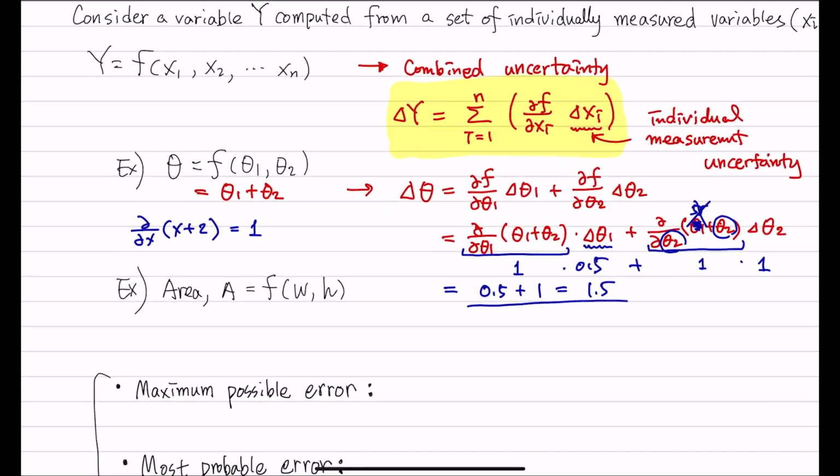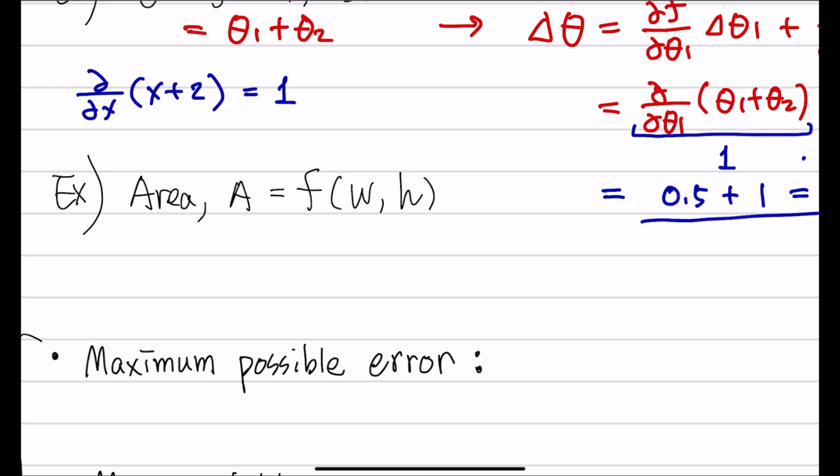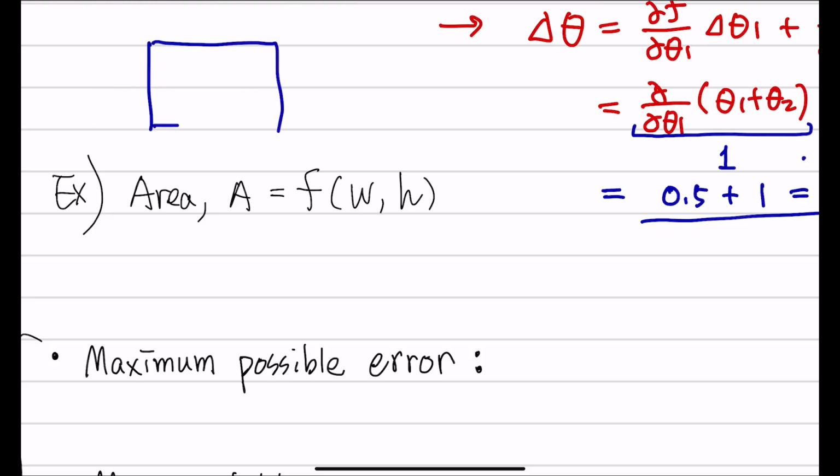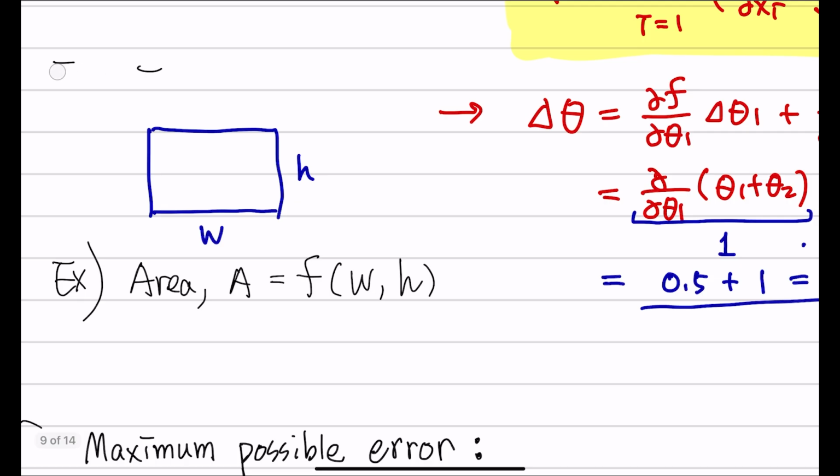Let's try another one. Let's assume we had W and H, and this is for a rectangle. We have W and we have H, and we're trying to find the area here. Let's say W was 20 plus minus 0.1.